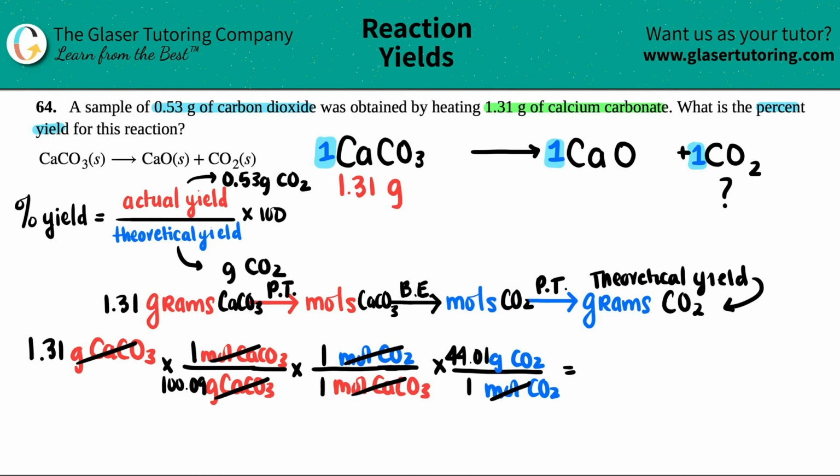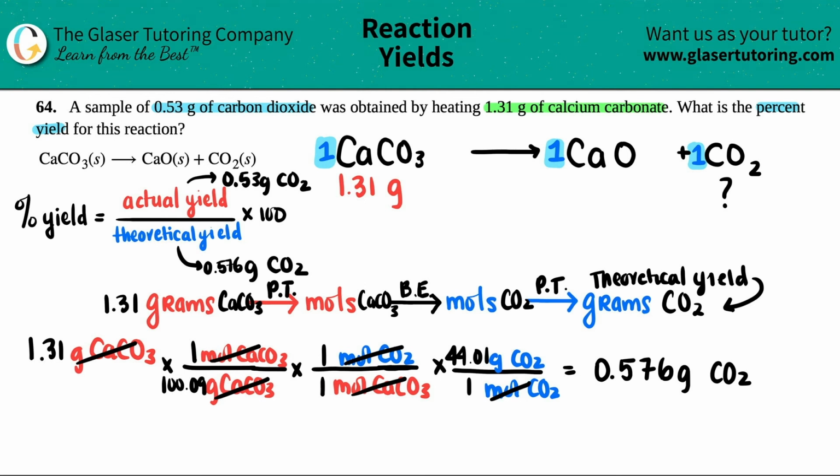And we could cut it off at maybe 4 sig figs, because technically this isn't the answer yet. So 0.576 grams of CO2. This is your theoretical yield. So now all we have to do is, we know this number now. We know that the grams of CO2 is going to be 0.576.